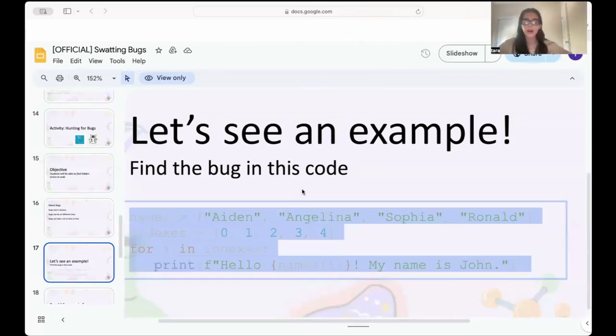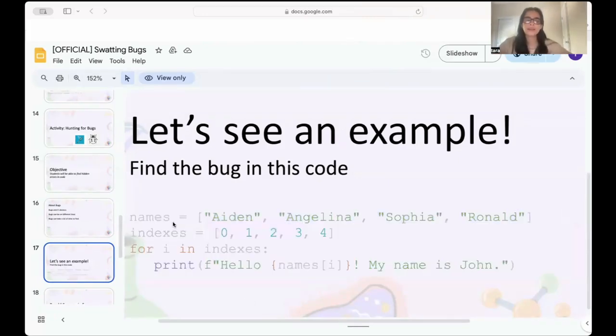Okay, we're back now and we're looking at indexes. It says indexes equals 0, 1, 2, 3, 4. But look at this. We have Aiden, Angelina, Sophie, Ronald. That's 4 names, but right here we have 0, 1, 2, 3, 4, which is 5 indexes.